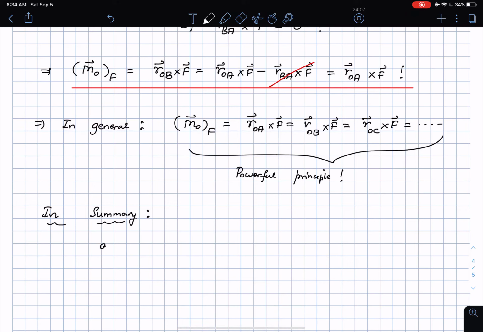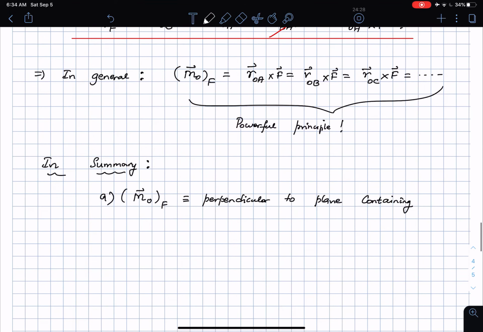the moment of a force about a point is a vector. The moment of a force F is perpendicular to the plane containing the force vector and position vector.